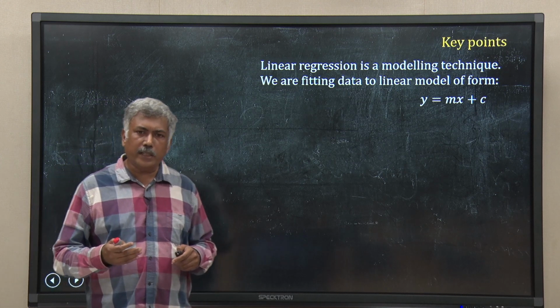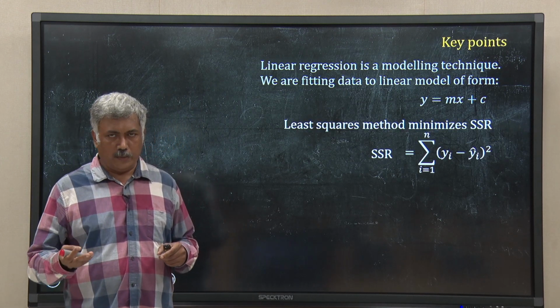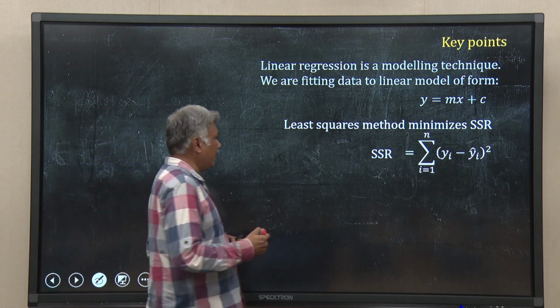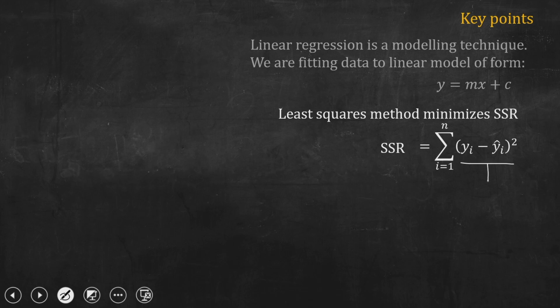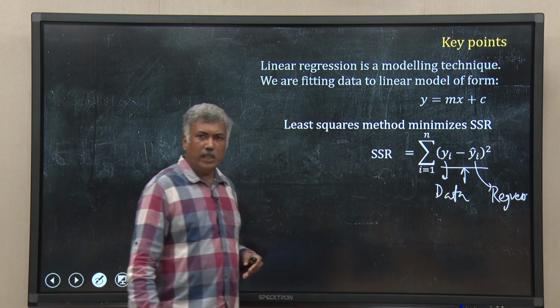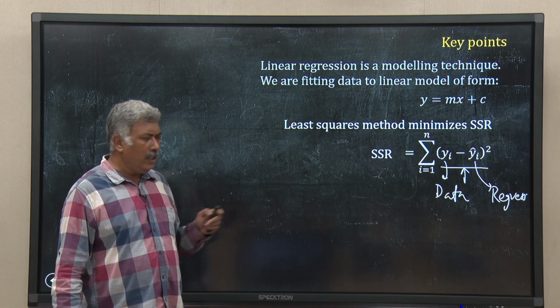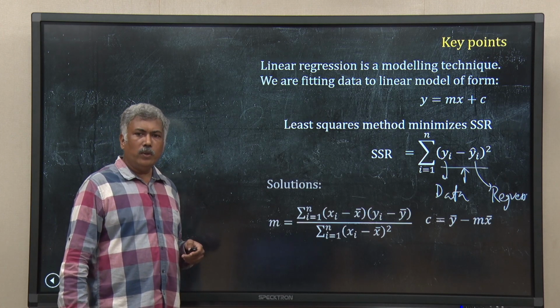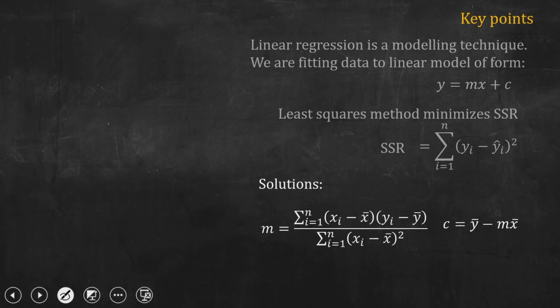And to perform linear regression, we use the method called the least squares method, where we are minimizing the sum of squared residual errors, and that SSR is nothing but the sum of yi minus yi hat, where yi is coming from the data and yi hat is the regressed value, that means what I have got by regression, summing over all the data points, right. So, we are minimizing SSR, and if you do the minimization, as it is an optimization problem, you will get the relationship. The solutions are m is given by this relationship and c is given by this relationship.